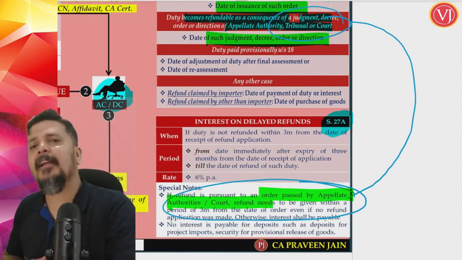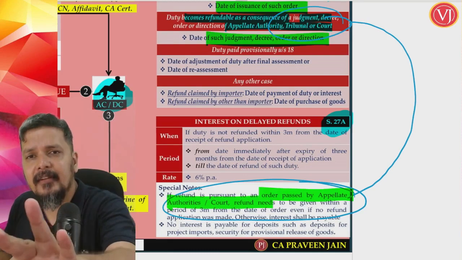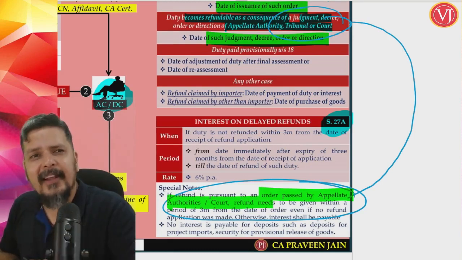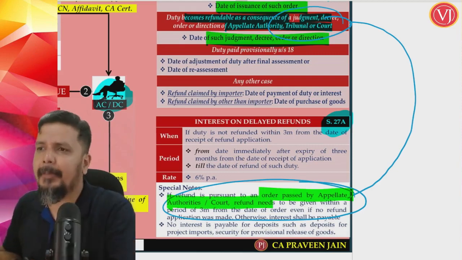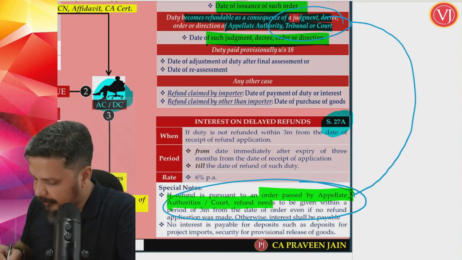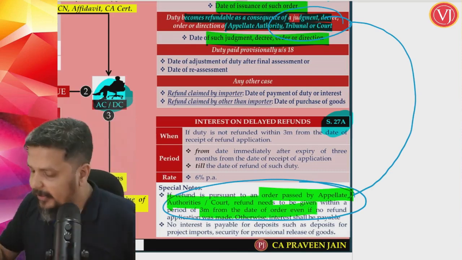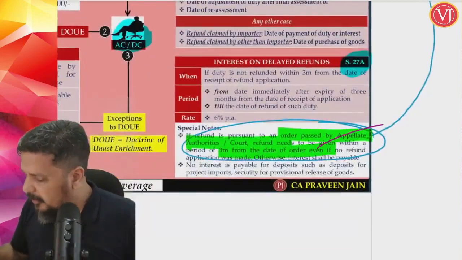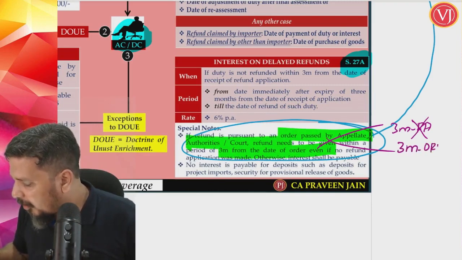And normally, when will interest be calculated in customs? After you make a refund application, 3 months. But in this case, you are not required to make any refund application. After the order in appeals, be it appellate authority or tribunal or high court or Supreme Court, if the officer is not giving you the refund within 3 months of the order, it is not 3 months of the refund application. It is 3 months of the order.